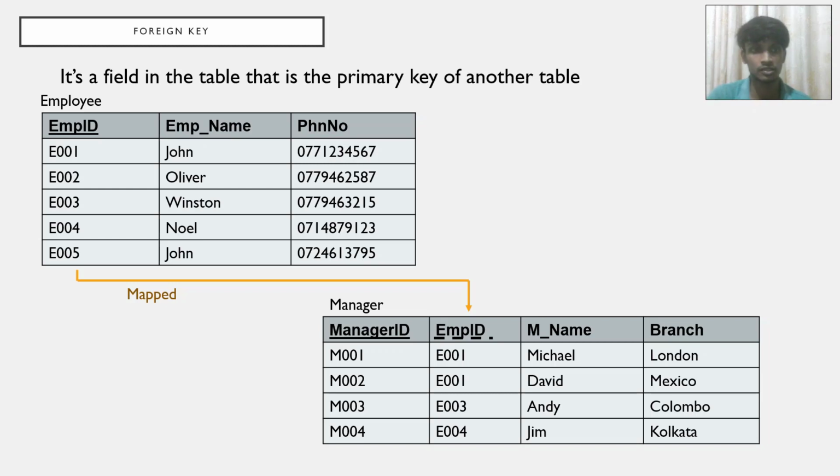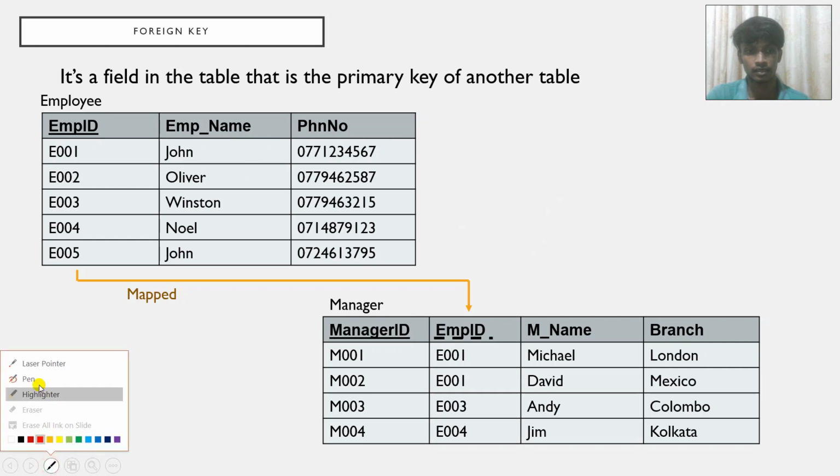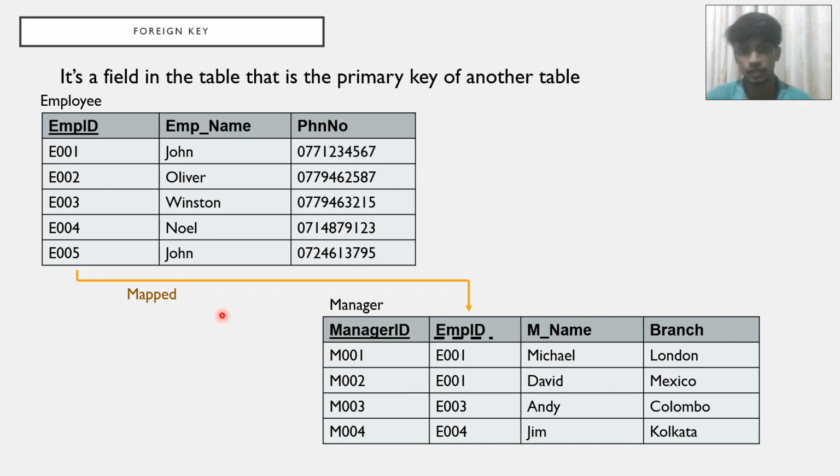So imagine we have initialized our foreign key as employee ID. So here now E001, E001, E003 and E004 are the data values, and E001 is repeated.